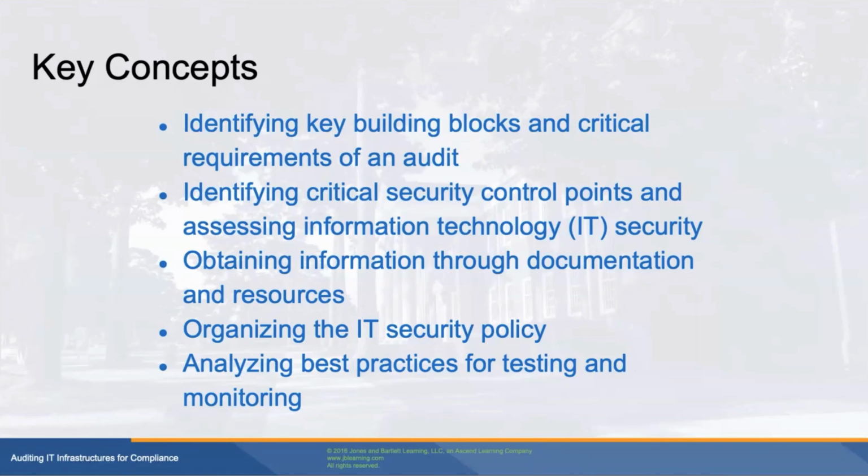So knowing where to go to get that documentation and information. Being able to organize your IT security policies. So what kind of organization should be in those policies? And then the best practices for testing and monitoring what is going on the network.